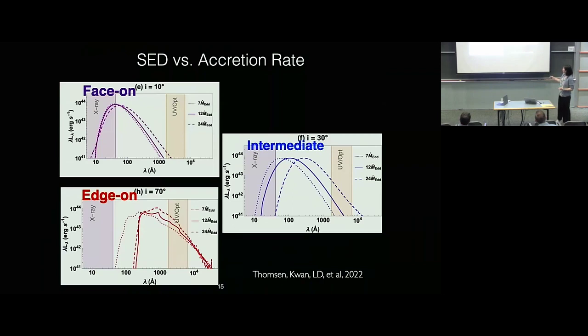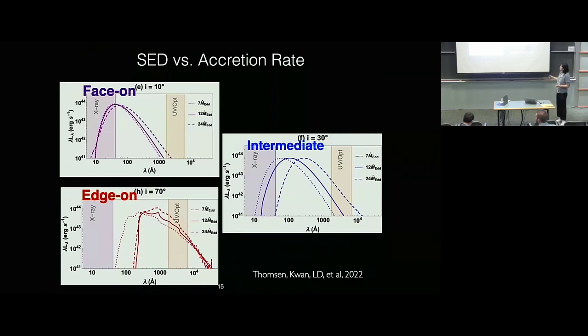If we look at the disk from face on and change the accretion rate, we see basically the funnel is always there in this setup, and we mostly see X-rays leak out no matter what the accretion rate is. And if we look at it from edge on, there is always a lot of material to reprocess the disk emission.